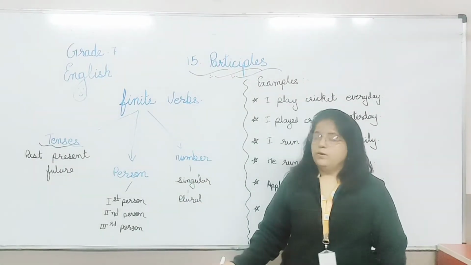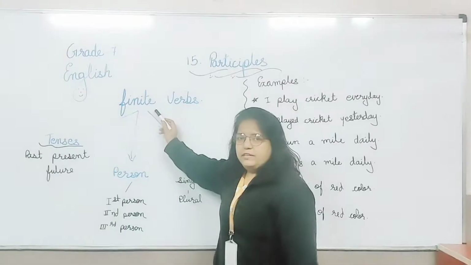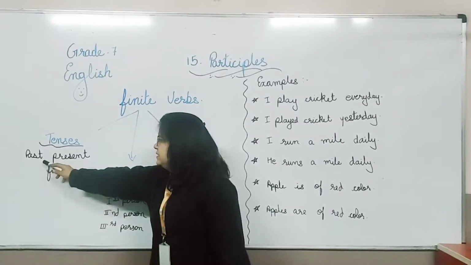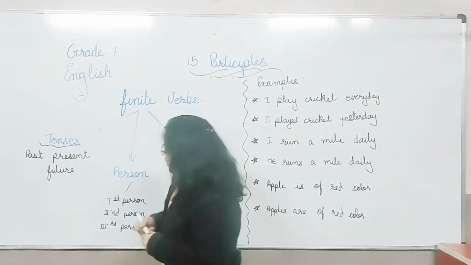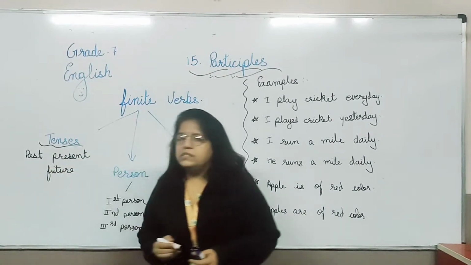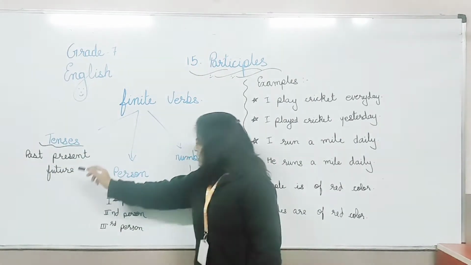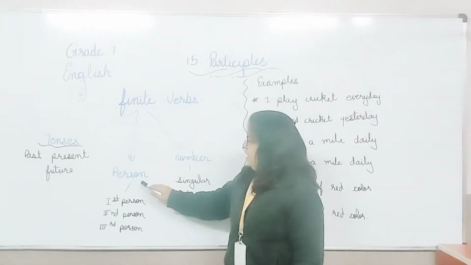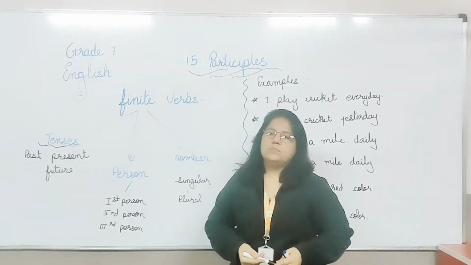Singular and plural means finite verbs change according to the sentence. If the sentence is in past, present or future, it will change according to the tense. When first person, second person and third person are there, it will also change according to the person.